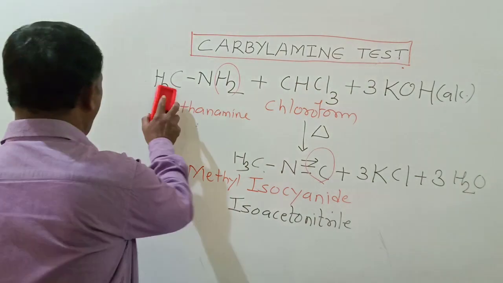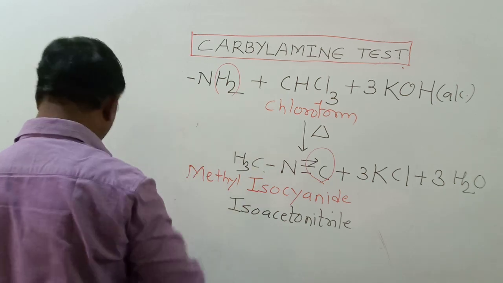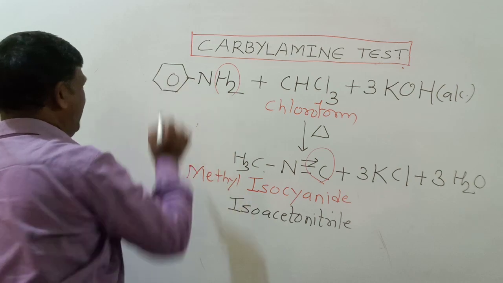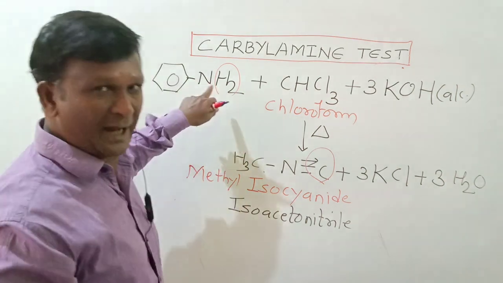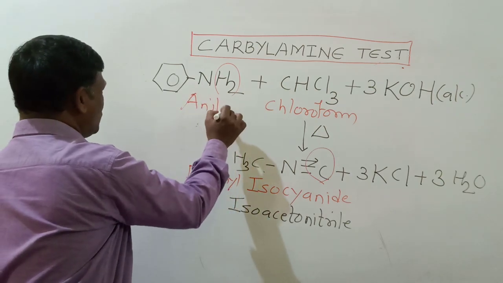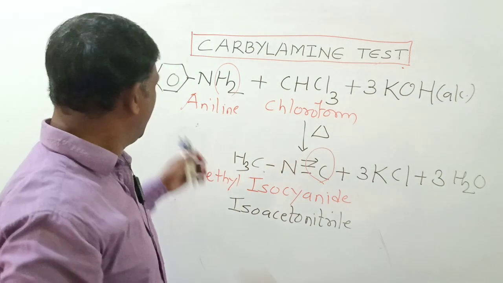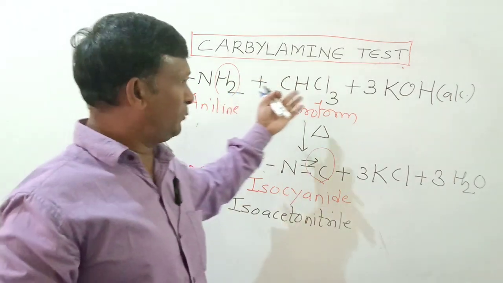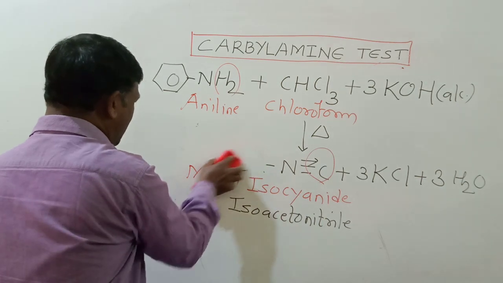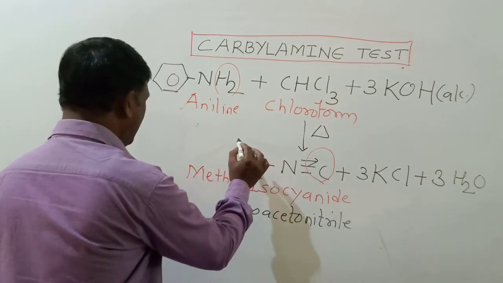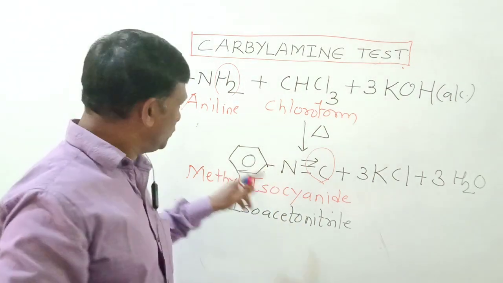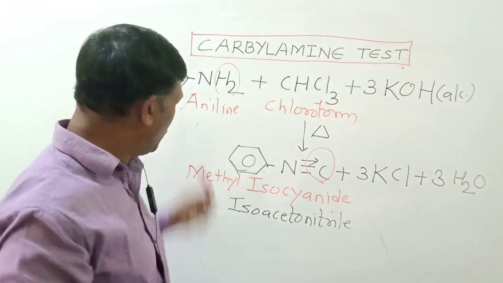If an aromatic substituent is taken here, for example, a phenyl, right? So phenyl attached with NH2 is called aniline. This is also one of the examples of a primary amine. So aniline on treatment with chloroform and alcoholic potassium hydroxide gives the formation of phenyl isocyanide. We just need to change the R group over here.